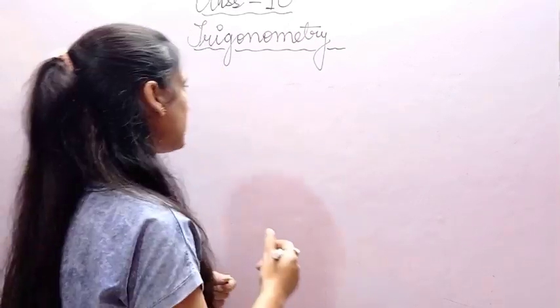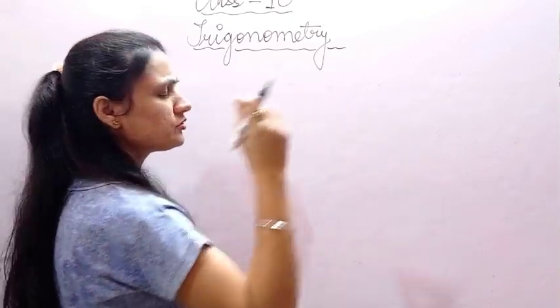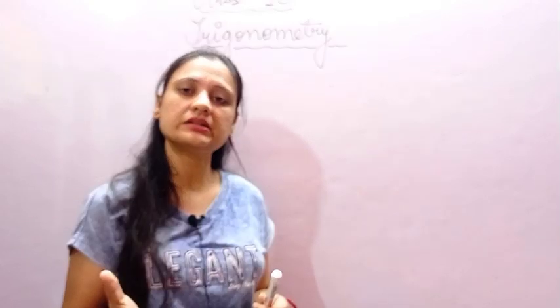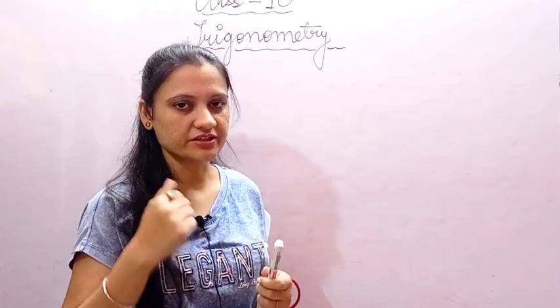Okay, let's start. So I just want to tell you one thing. You must have heard that this chapter is applicable to right angle triangle only. Why? I'll tell you.